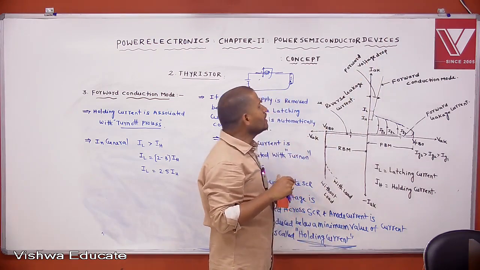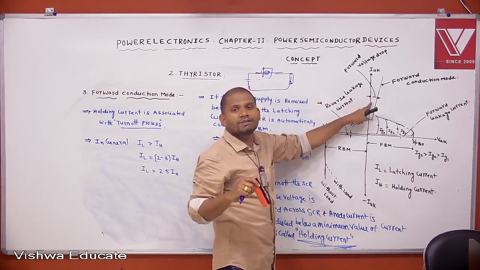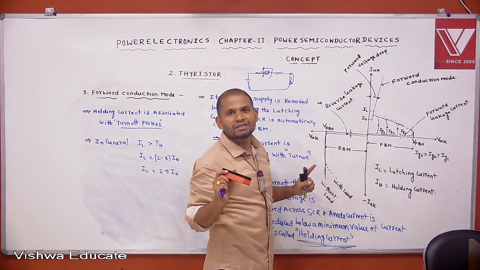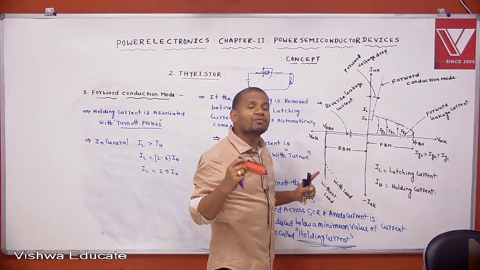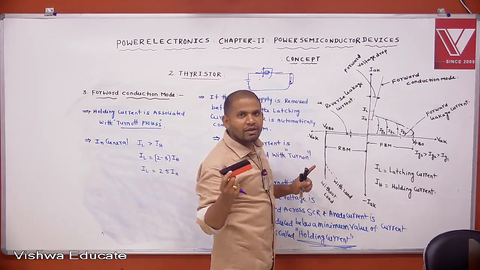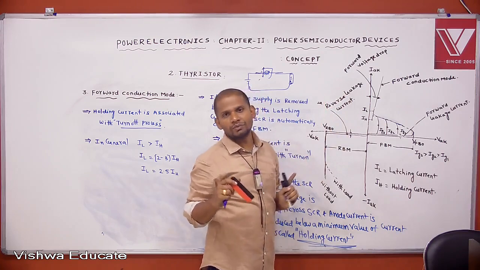That's why the on-state voltage drop across the SCR is not constant. It depends on the magnitude of current passing through the SCR.